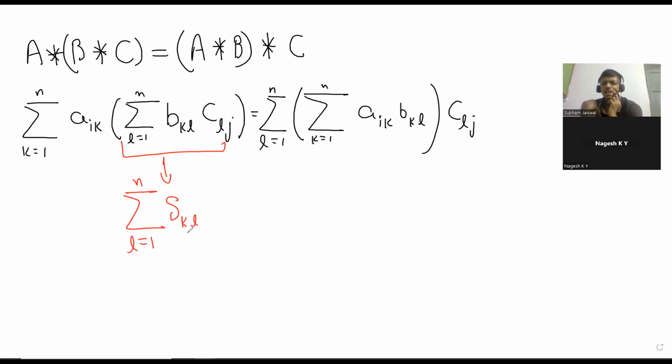Is it okay to write it like that? I'm just calling this whole thing S_{K,L}, because J does not come in the picture, does it? And I does not come in the picture either.